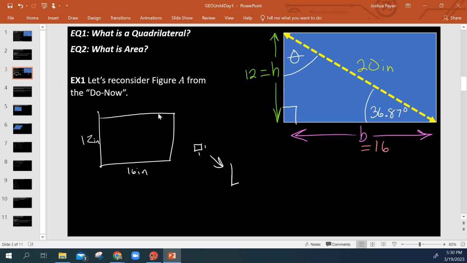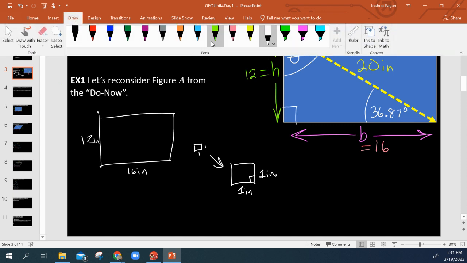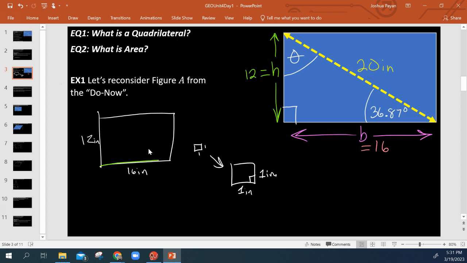So if I blow that up larger, 1 inch by 1 inch, and these are perfect squares, right? How many could we line across this way? Well, we could line across 16, right? So 1, 2, 3, 4, 5, 6, 7, 8, 9, 10, 11, 12, 13, 14, 15. Let's pretend I did that right. Okay, so we would have 16 across.